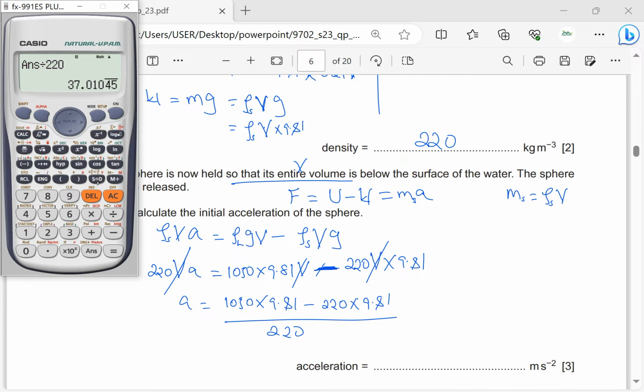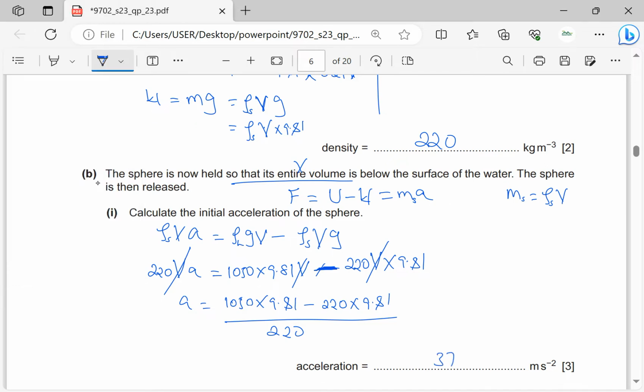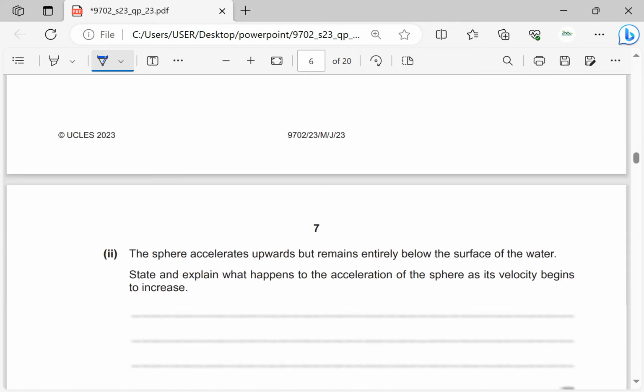So this is giving me 37. So this is going to be 37 meters per second squared.